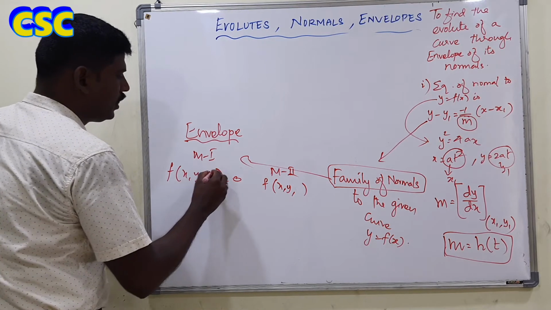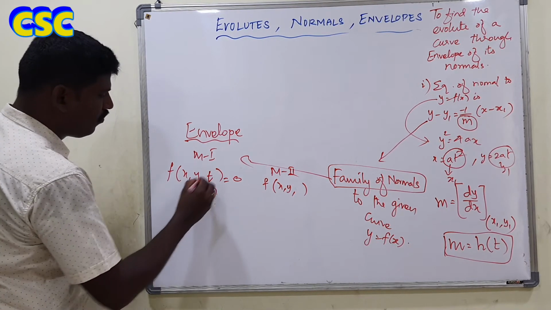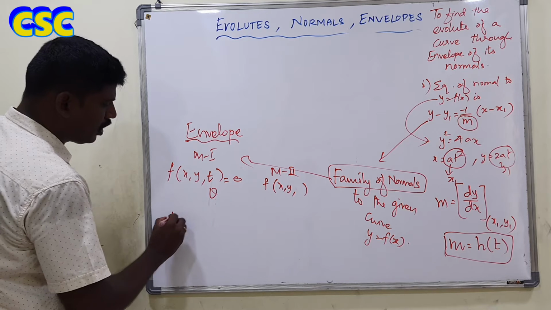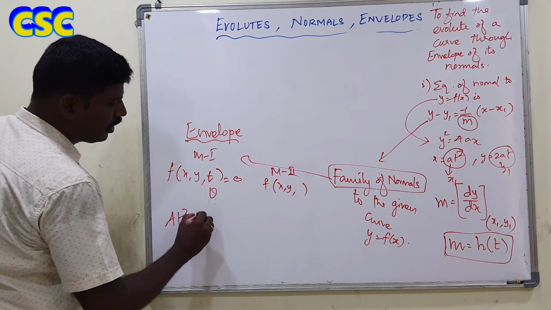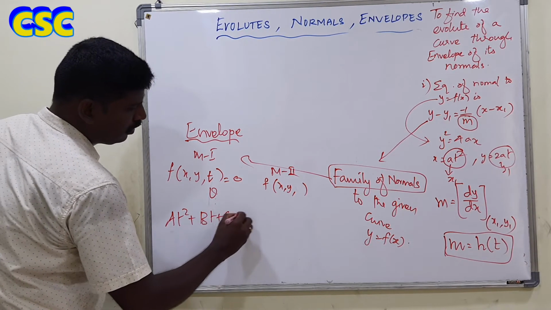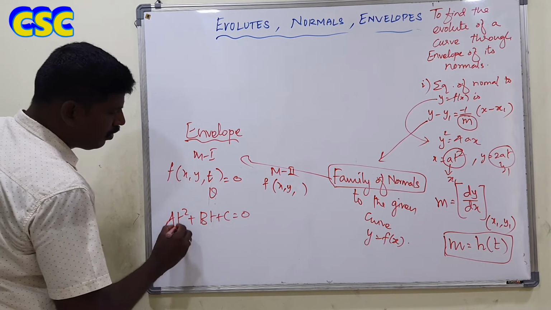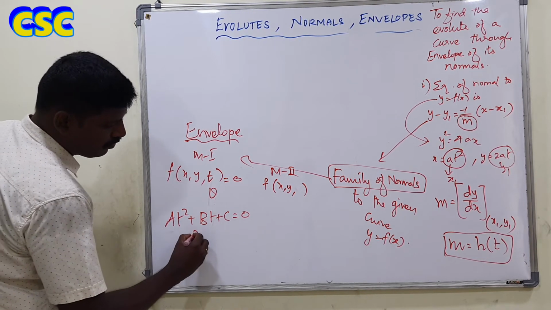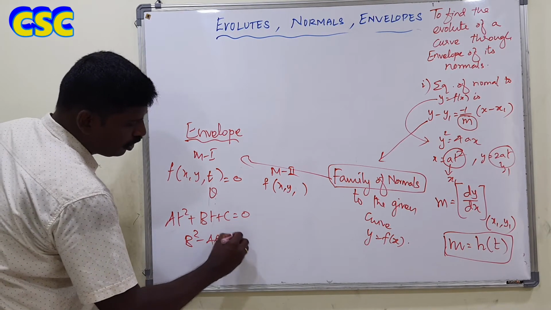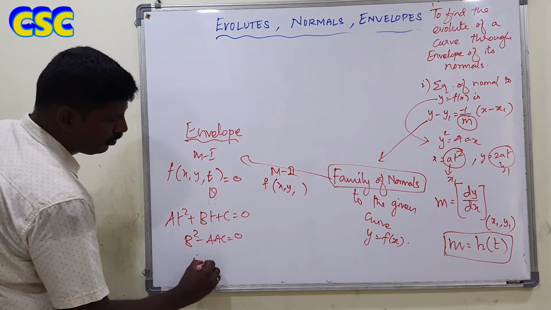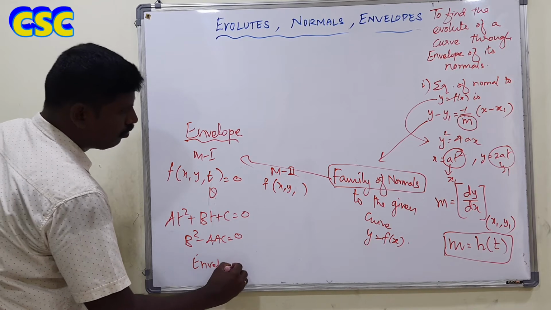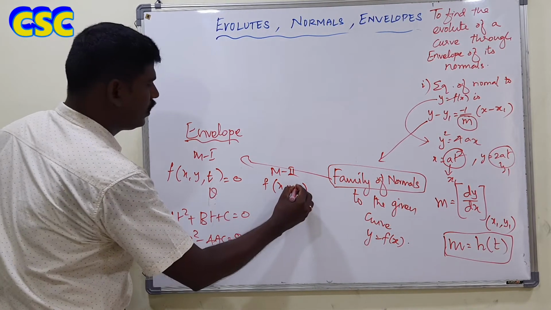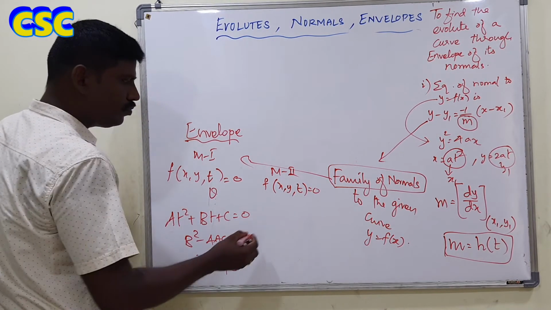So right here, you will get only t or theta. Form a quadratic equation in t, find a, b, c from the coefficients of t square, t and the constant term, and equate b square minus 4ac equal to 0, and you can find the envelope.